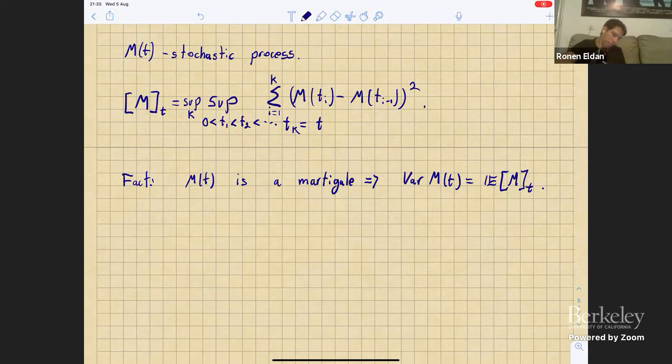Maybe let me just say that the partition should become denser and denser. I mean, this definition is not quite correct. For us, it's correct, but let's say that as I'm taking the supremum, I want the consecutive differences to go to 0.